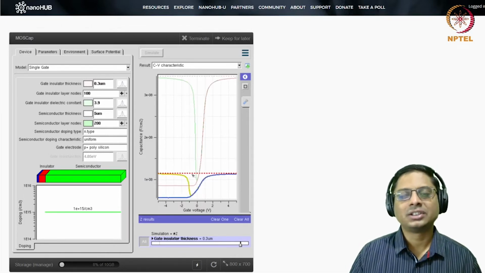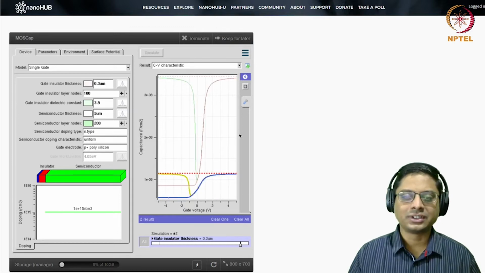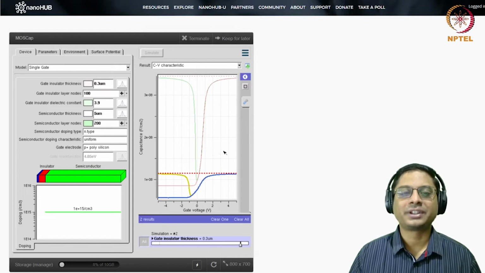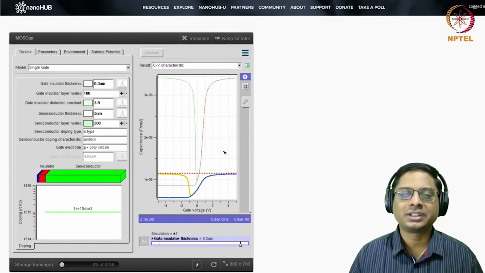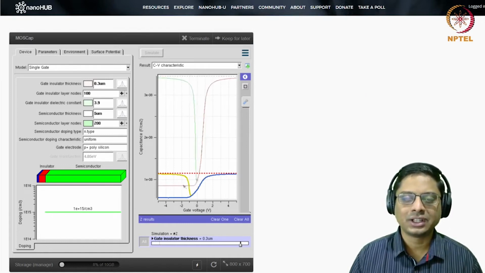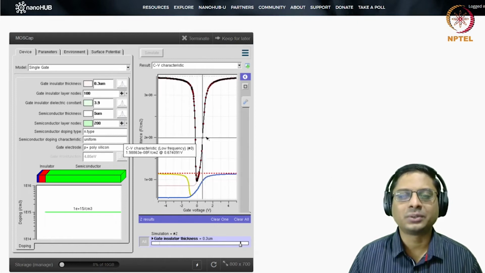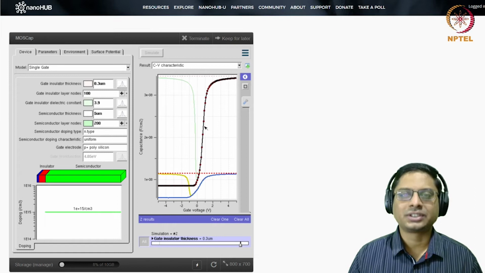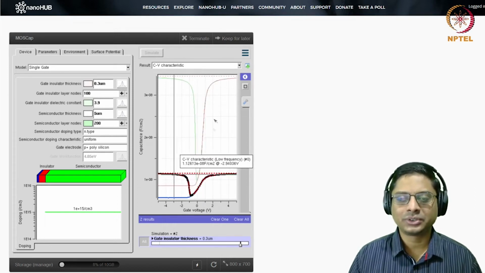And if you look at both these CV characteristics, what do you conclude about the effectiveness of the gate? We say the gate is very effective when it's able to have a significant difference between the oxide and inversion capacitance. By that measure, 0.1 micron thickness of oxide is much more efficient than 0.3 micron, because it is able to switch.